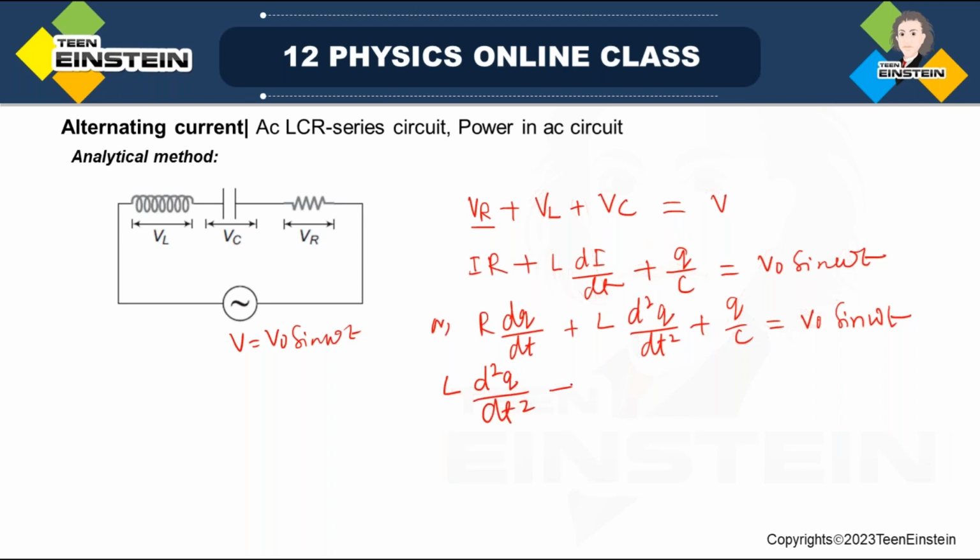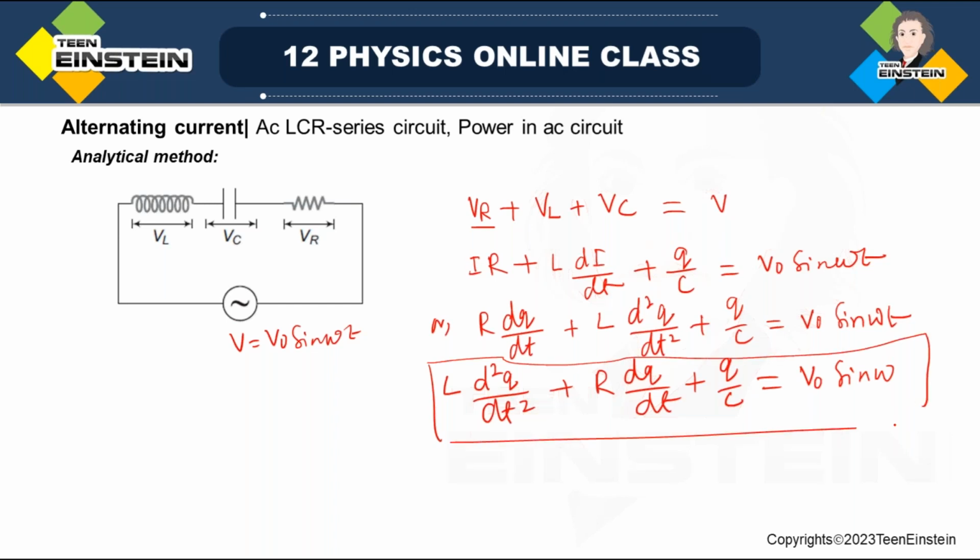All right, now see, this is actually becoming a second order differential equation, and if you are familiar with damped oscillation, this equation is exactly a forced damped oscillation kind of equation.